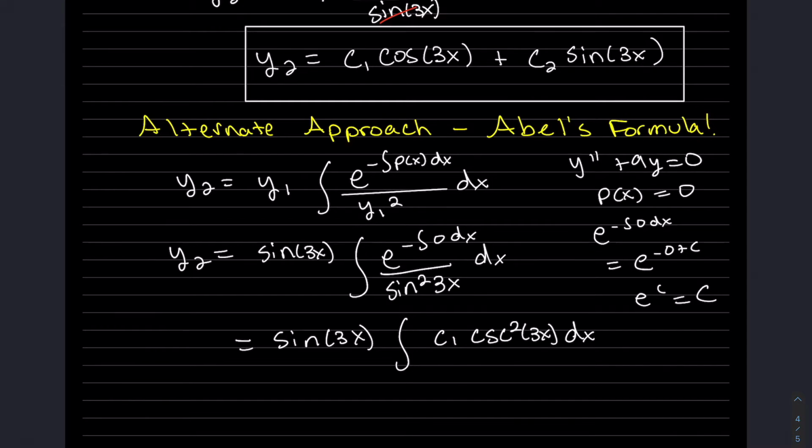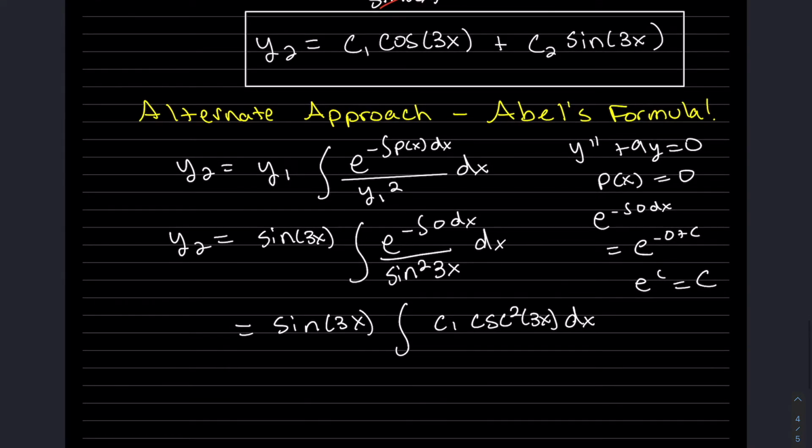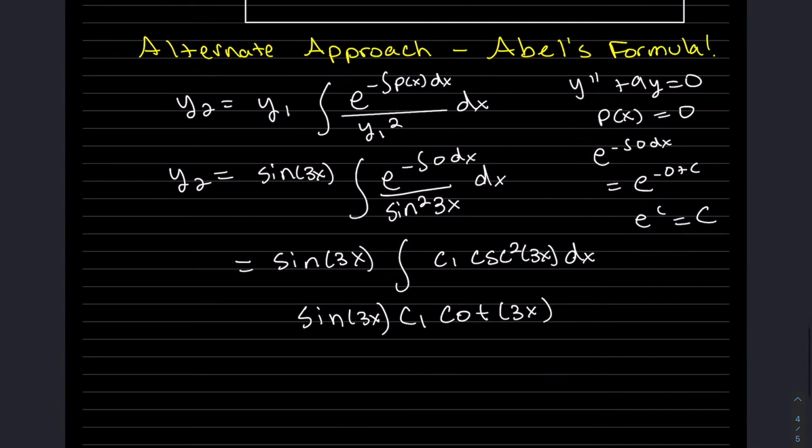So integrating this, it's the same thing. Cotangent of 3x. I can divide by 3, but that'll get absorbed in a constant. And again, this is cosine over sine.